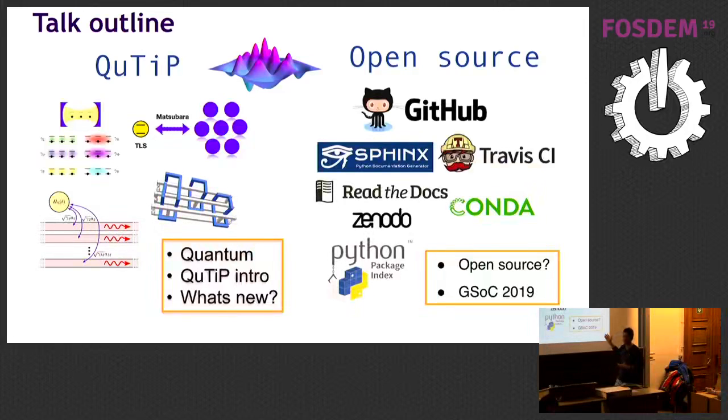And towards the end of the talk, I will talk a little bit about open source and how QuTiP uses open source. And finally, a call, in some sense, for Google Summer of Code. This year, we are participating in Google Summer of Code as a QuTiP project. Hopefully, we get some slots through NumFOCUS. But if we do, we have very interesting projects on using GPUs for quantum simulations, lattice models, and how to simulate noise in lattice models.